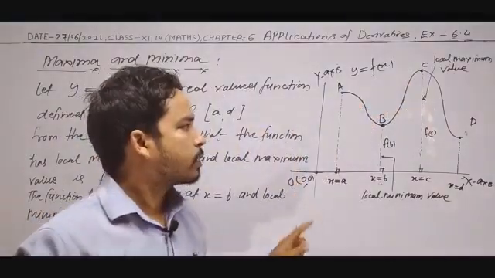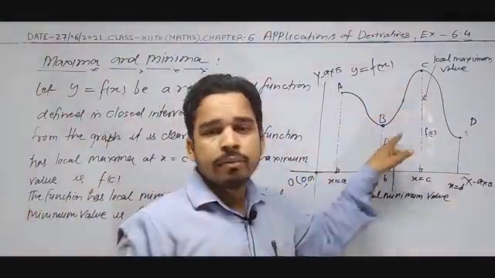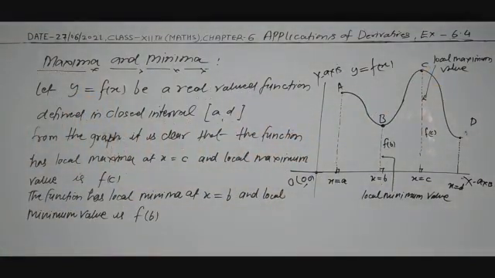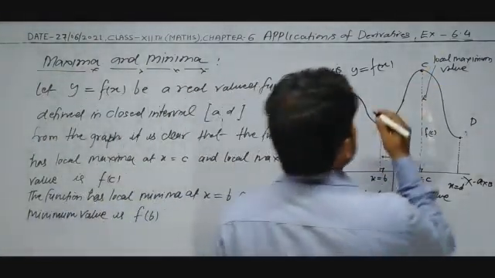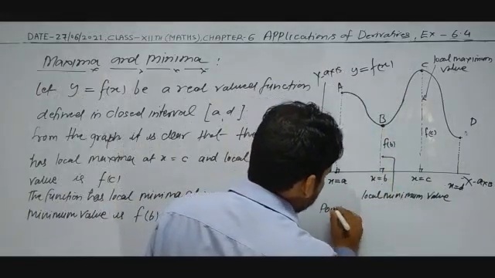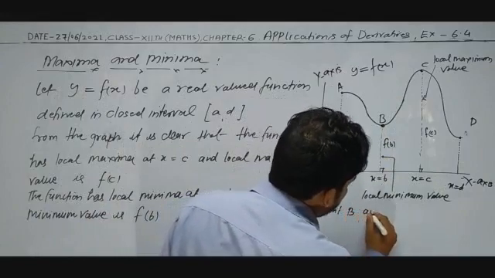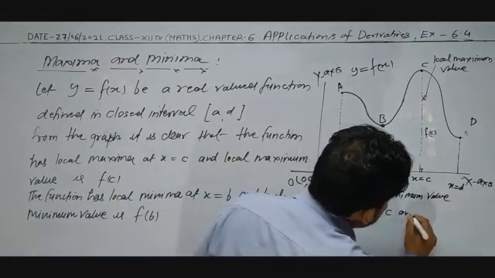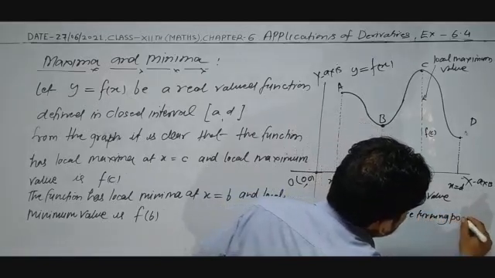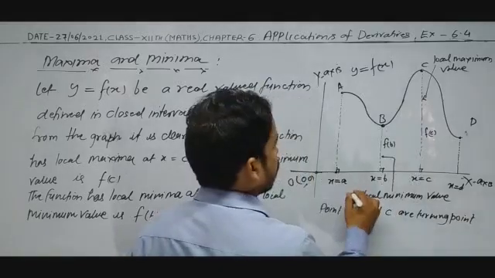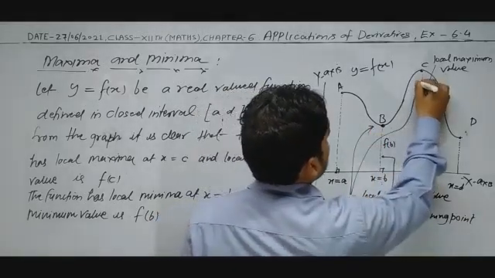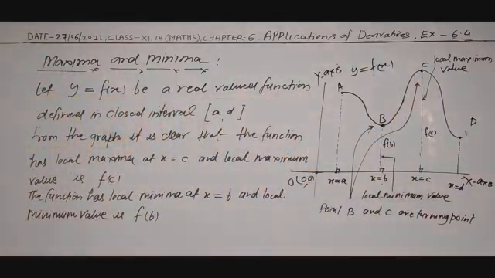The point where the function is maximum or minimum is known as the turning point. So points B and C are turning points.